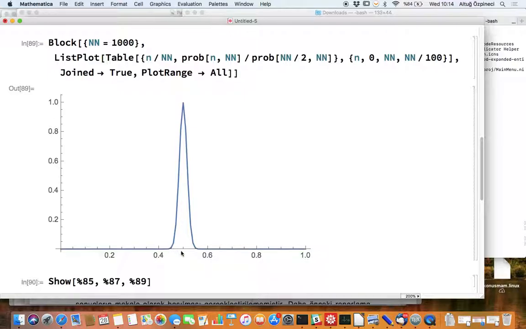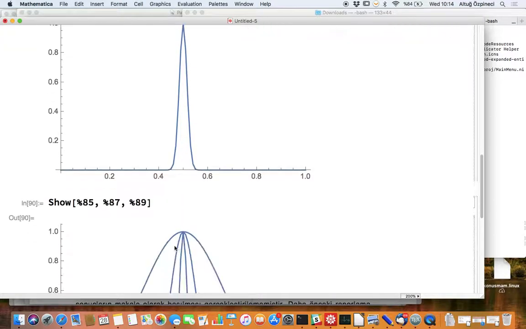And the probability of observing even a 5% deviation, let's say 5% deviation is 45 and 55, this range, the probability of observing a deviation larger than 5% is zero. Practically, we will not be able to observe such a configuration.